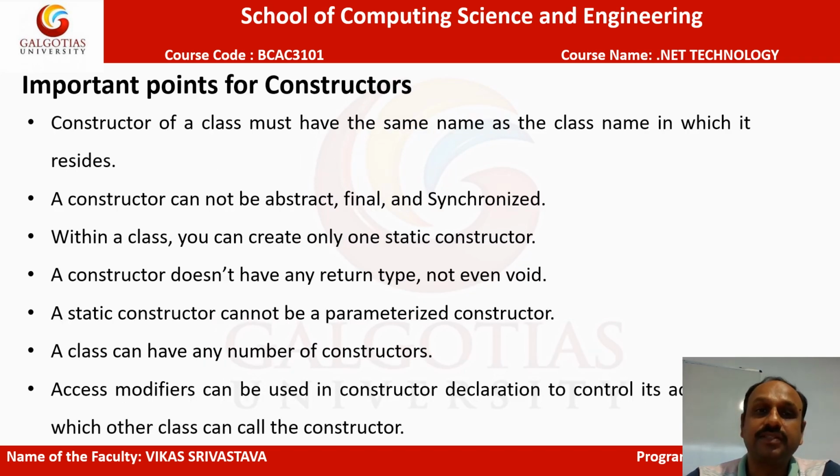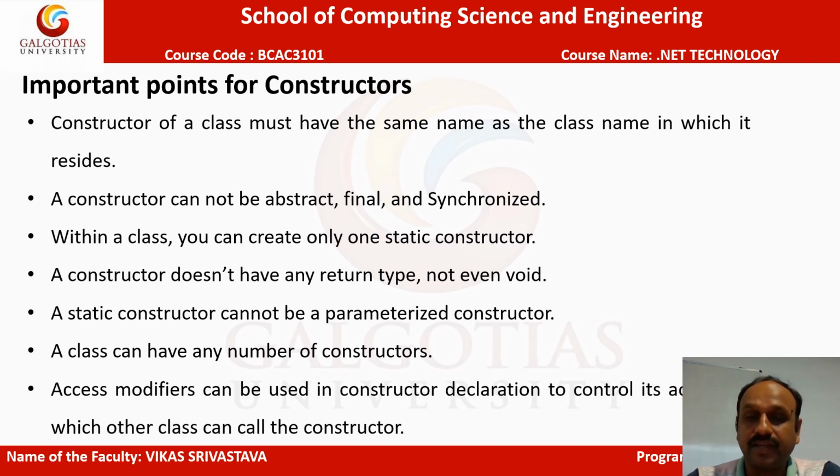Now, there are certain points you can consider for making a constructor. The constructor must have the same name as the class name which has been declared. It cannot be abstract, final, or synchronized, because a constructor does not have such predefined modifiers.